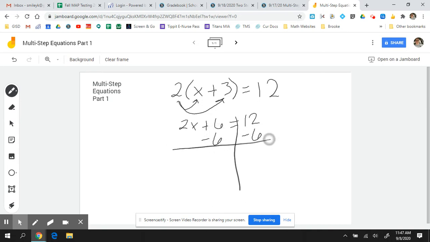So I'm going to subtract 6 from both sides, and I get 2x equals 6. Now, I see that 2 and x are right beside each other. That means they're multiplying. So the opposite of multiplying is to divide. So my answer is x equals 3. If you wanted to, you could plug back in and double check to make sure it worked correctly. Let's go to the next page.